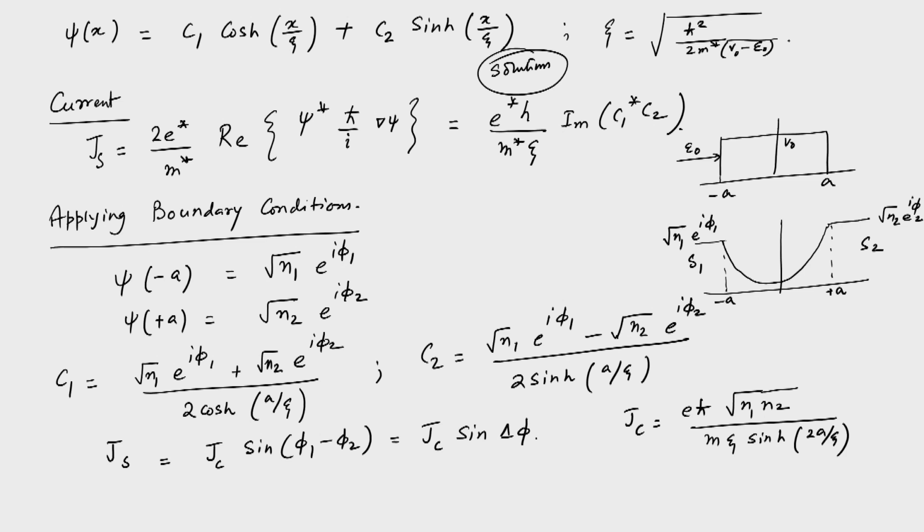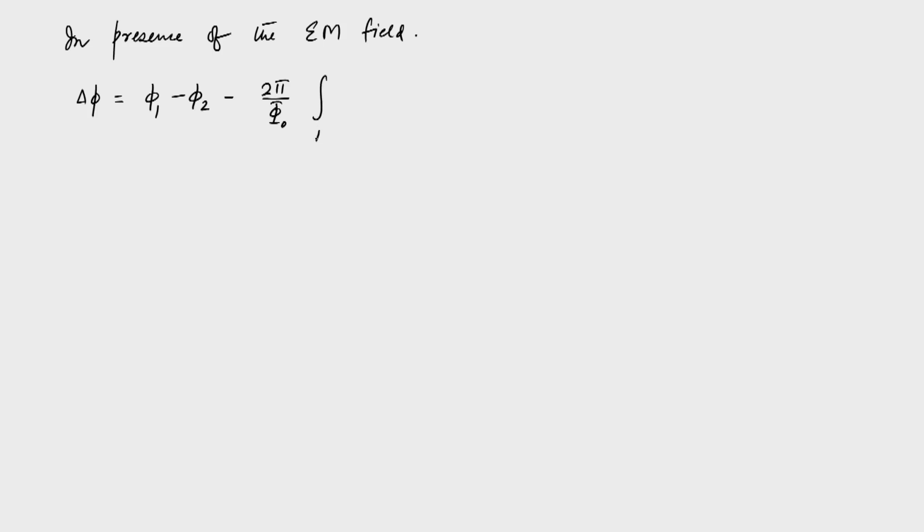So, now if we want to go back to our electromagnetic field, your delta phi, in addition to phi_1 minus phi_2, picks up the same phase that we talked about between 1 and 2, from minus a to plus a, with this dl.